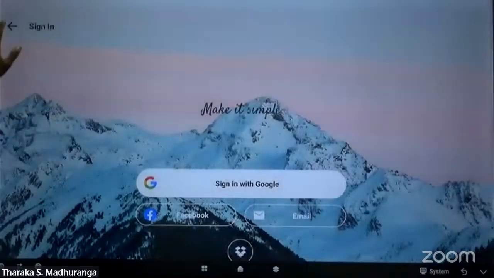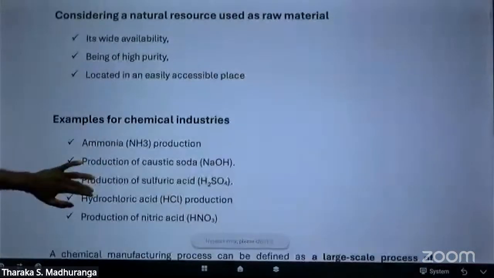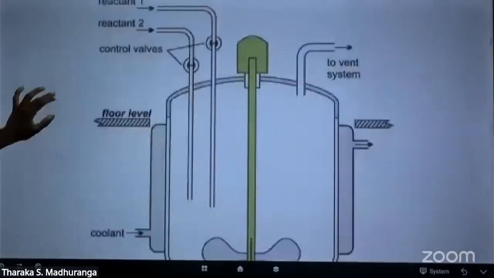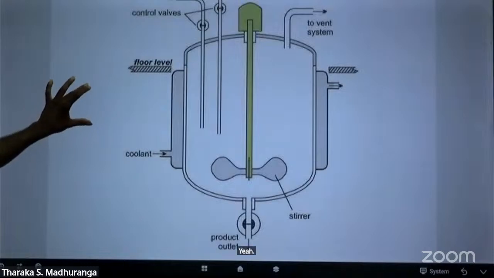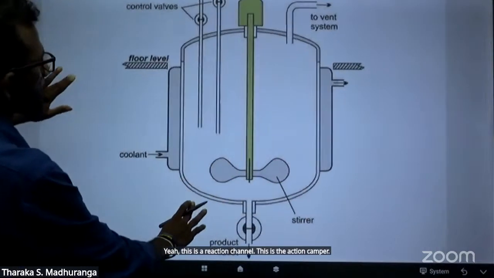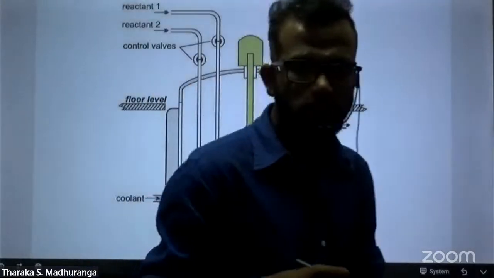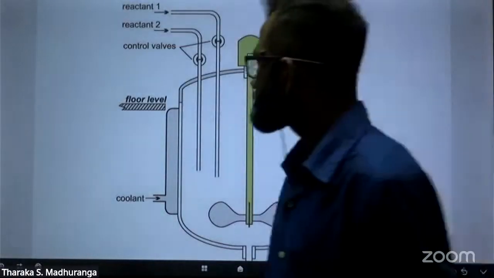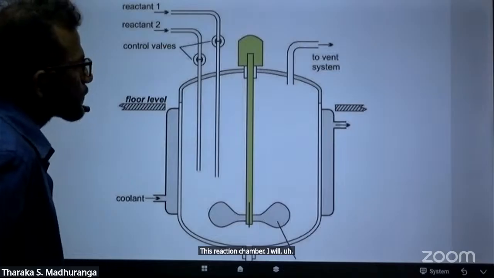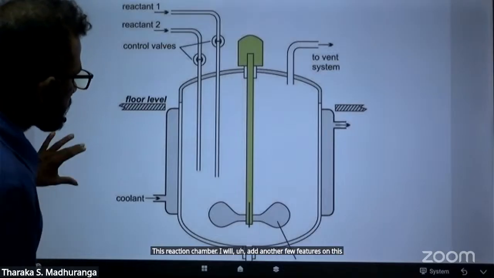Yeah, this is your tube. This is a reaction chamber. I will add a few more features on this. You can see the given features.